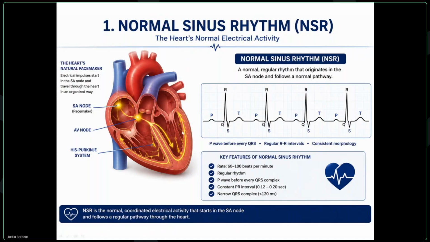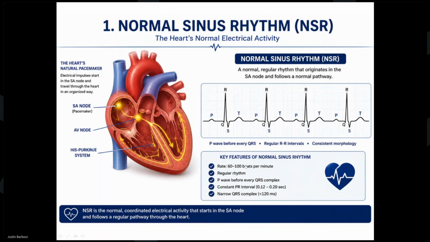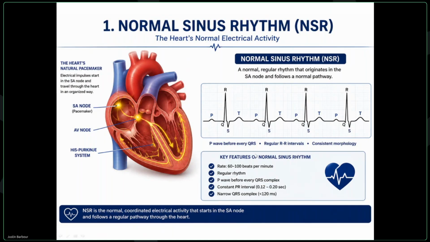And a PQRS, this right here, is a pretty common rhythm. Any deviations from that standard are going to indicate some sort of health condition. So we all want to achieve the normal sinus rhythm, NSR, of that PQRS complex that you see right there.